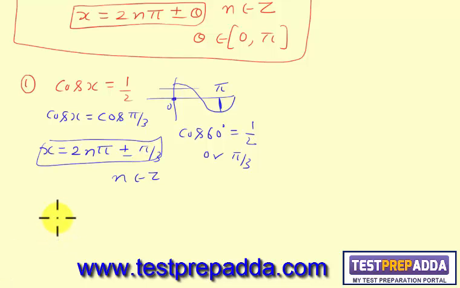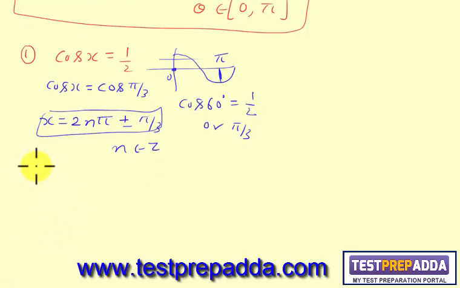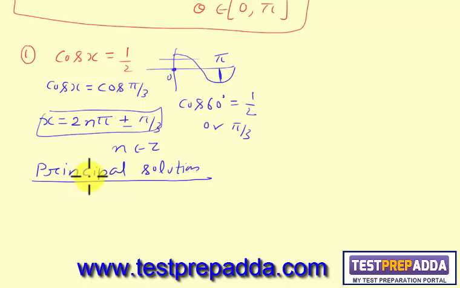But if I talk about the principal solutions, what should be the interval? Between 0 and 2 pi.